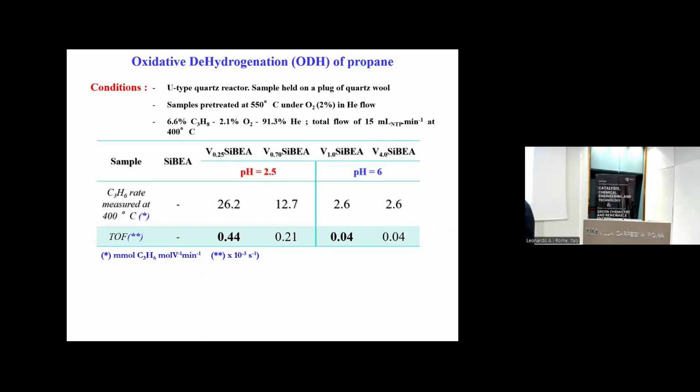It means that tetrahedral vanadium species present in this case are much more active than octahedral vanadium species present in the case of preparation at pH 6. So the turnover frequency for this reaction is 10 times higher in the case of preparation at pH 2.5 than in the case of preparation of vanadium Sc-beta zeolite at pH 6. So we can see in this condition that there is an advantage of preparation of the catalyst at pH 2.5.